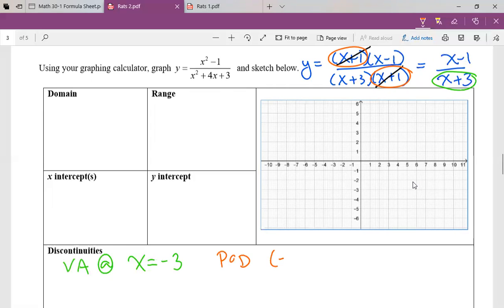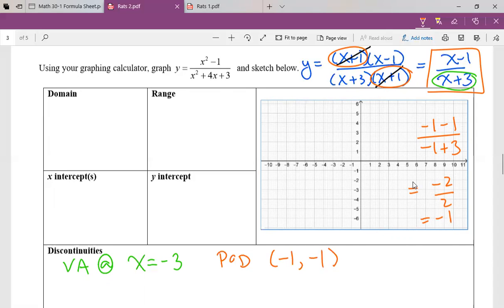That's at negative 1 comma something. Well, I need you to know what that something is. So again, to find the y value, I'm going to sub it in to our simplified form right here. So I'll just do that down here, and I'll erase it afterwards. X is negative 1. What do we end up with? Well, I end up with negative 2 over 2, sounds like negative 1 to me.